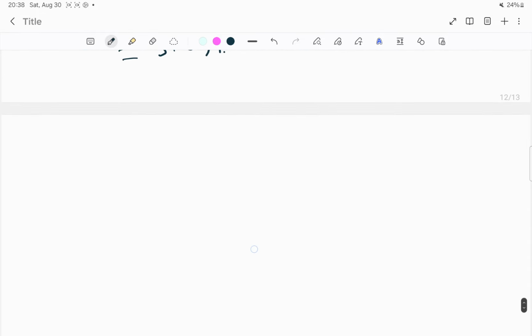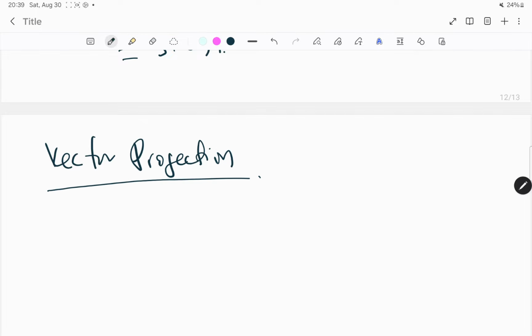Now let's go to the final projection, which is referred to as a vector projection. When it comes to a vector projection, I'm going to get my scalar, which is just vector A dot unit vector B, now times again the unit vector.